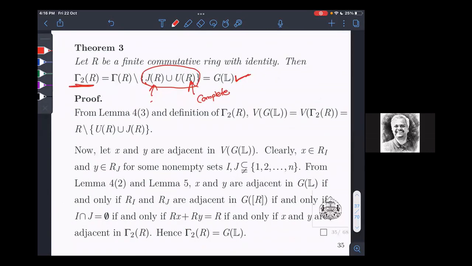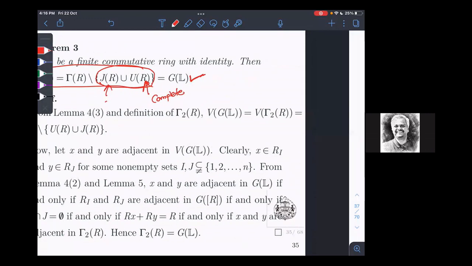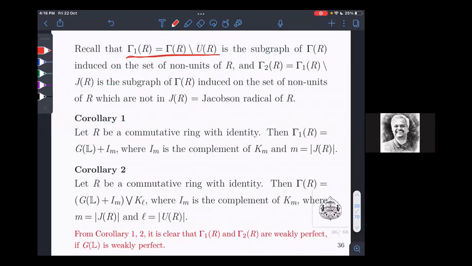In gamma 2, we are throwing out elements which are in the Jacobson radical as well as in the units. In gamma 1, we are just throwing out units, and this will be a subgraph of gamma. And how are we getting this? Gamma 1 is my zero divisor graph with IM. What is IM? That is the complement of KM, that is the independent set.